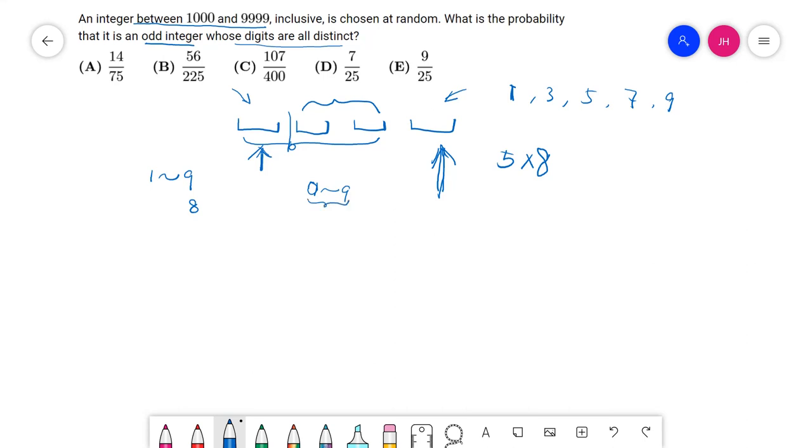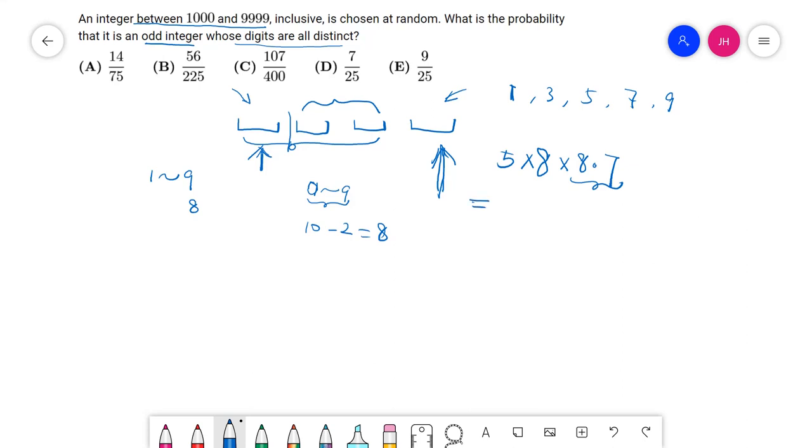So these are 10 digits minus 2. So we have 8 digits that are free of choice. We can pick any of the 2. And at the same time, we need to consider the permutation. Therefore, the choices will be times 8 times 7. This is considering the permutation. So what is the product?